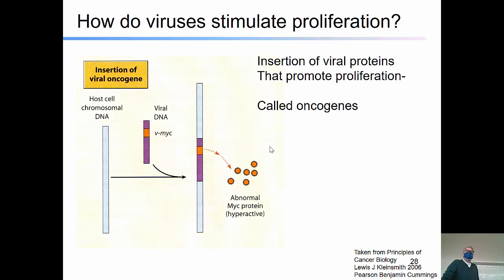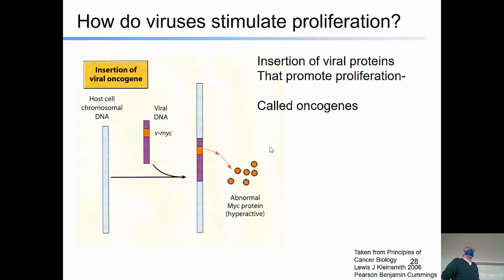So here's an example. This viral DNA is carrying an oncogene with it. And this is a gene that is tightly regulated, normally in humans, and will only be activated by the MAP kinase pathway. This is a protein called MYC.